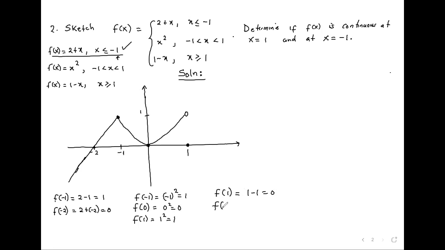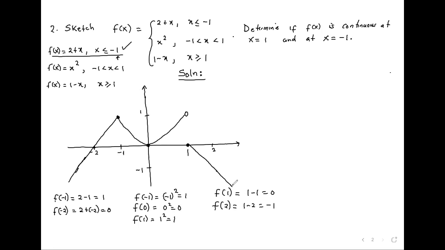We are free to use any other number bigger than 1. Let's say 2, so you have 1 minus 2 is -1. So we draw in this direction. So this is the graph of this function. And we are done sketching.